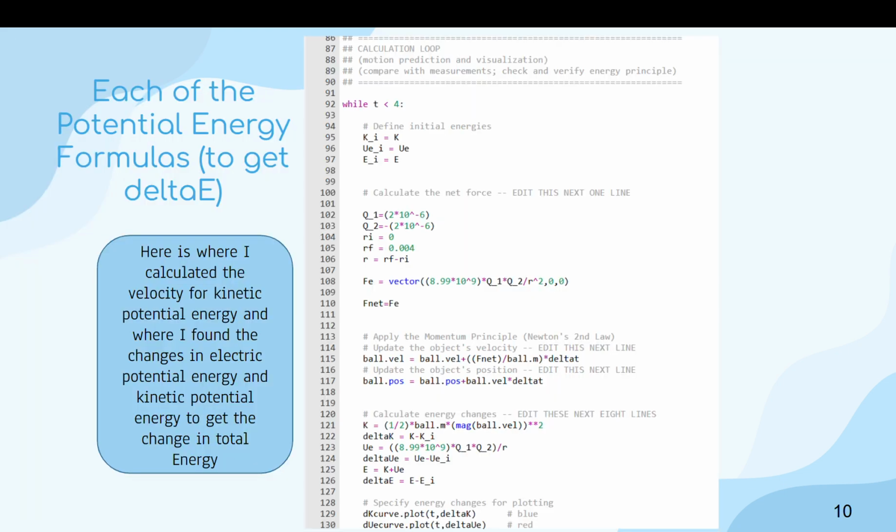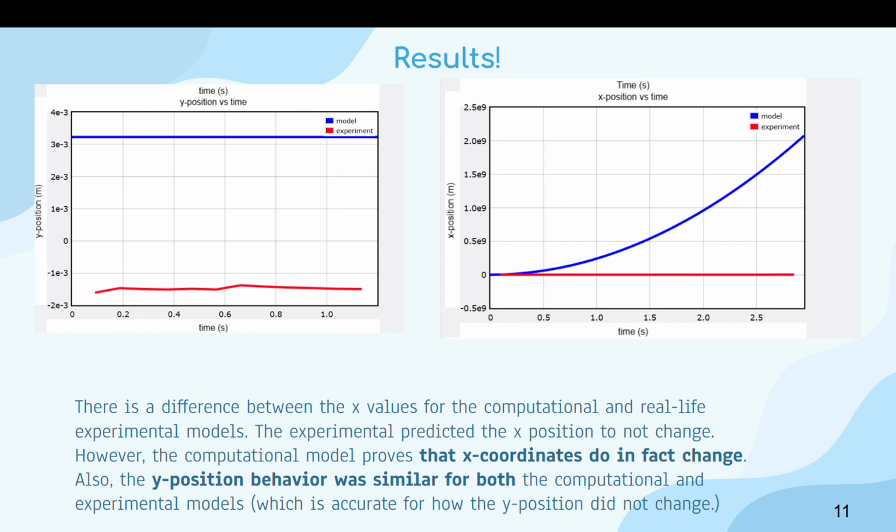Each of the potential energy formulas are also listed here through this code, and right here is where I calculated the velocity for kinetic energy because velocity is included in that formula, and also where I found the changes in electric potential energy and the kinetic energy to get the final change in total energy. So yes, Q1 and Q2 would be two different signs because they're opposites.